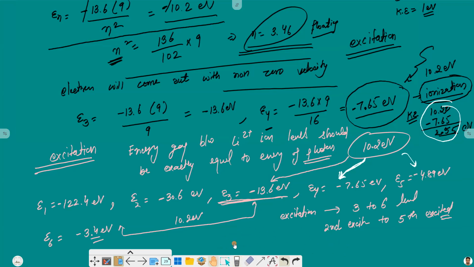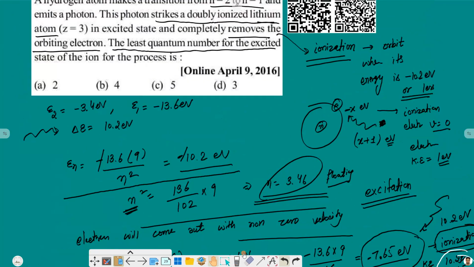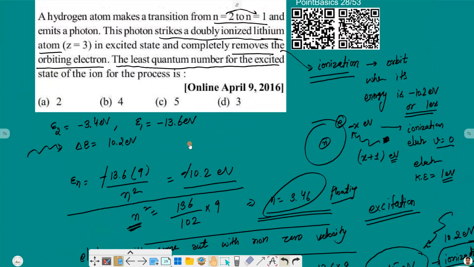Now, let's come back to the question. As per the question, the least quantum number of the excited state for this ion for the process is asked, and the process here is complete removal, meaning ionization.